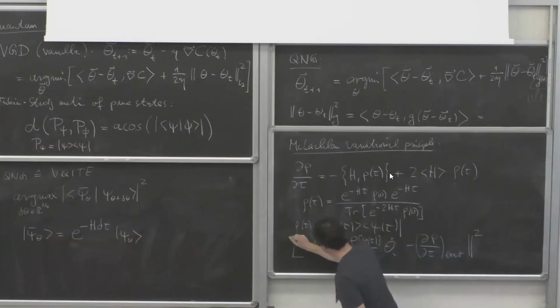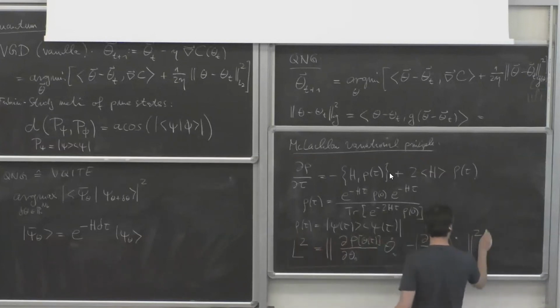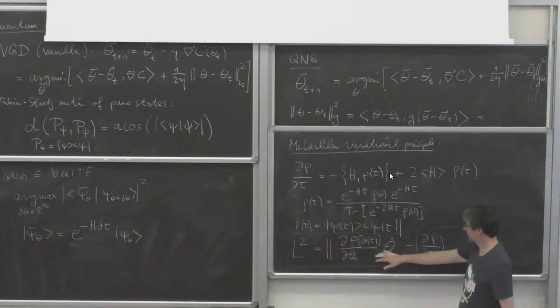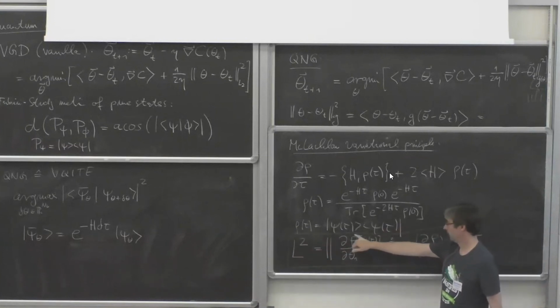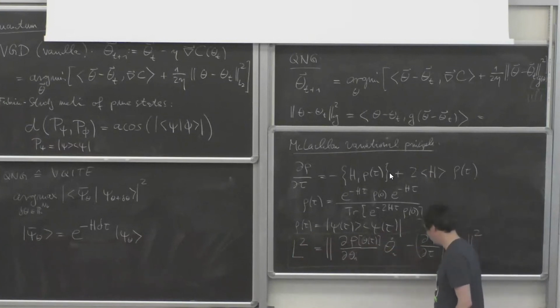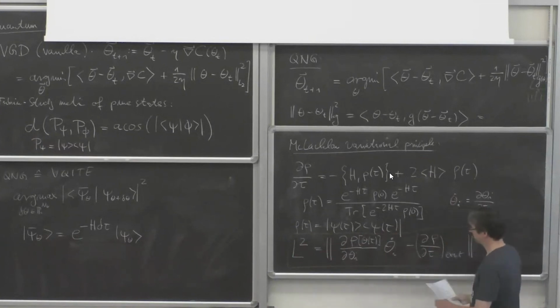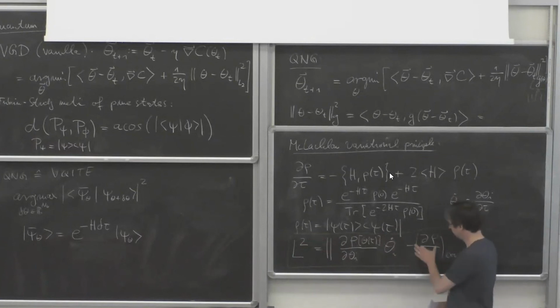You can define this norm here, which is very intuitive. It is the difference between how the variational state changes, theta dot, which is of course d theta d tau, and this is what I try to reproduce.